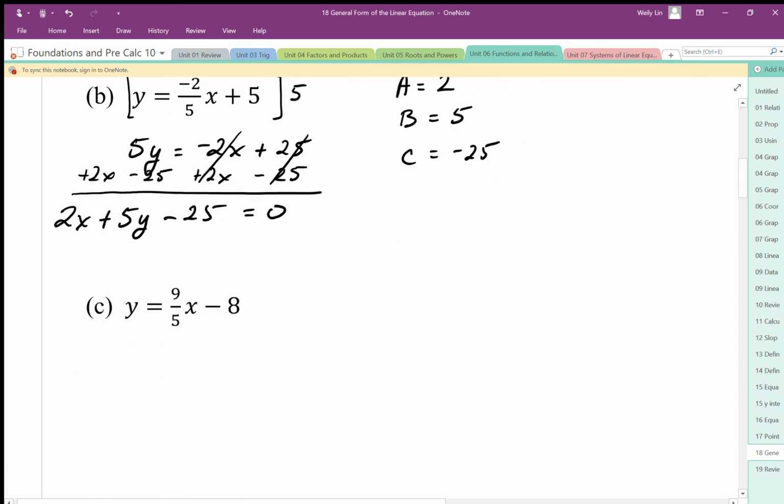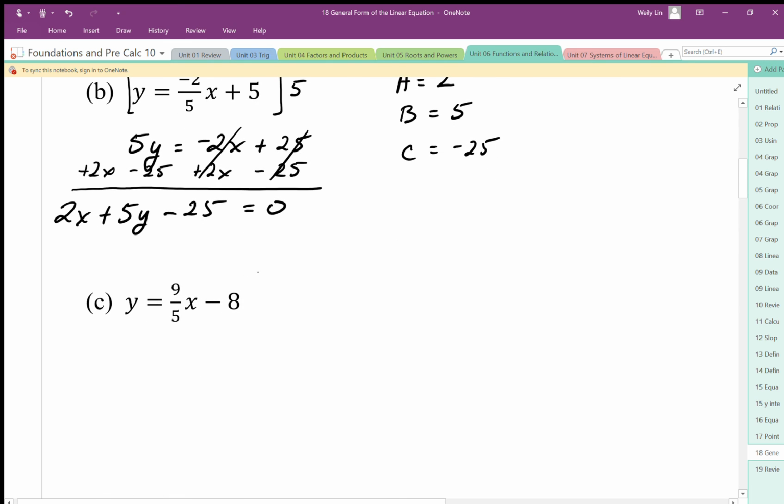So I'll do the same thing here. I'm going to get rid of that fraction, the divide by 5, with a times 5. Then 5y, 9x, make sure you multiply every part of that equation, you distribute that out. So I've gotten rid of the fraction, so that's my general form, it doesn't have fractions.